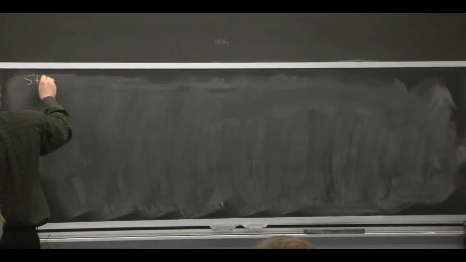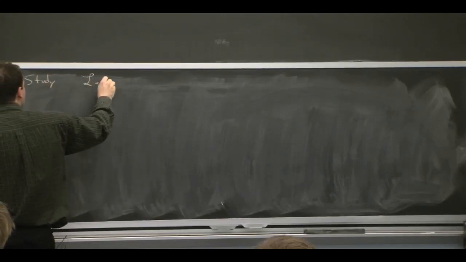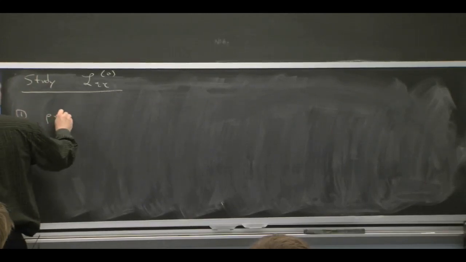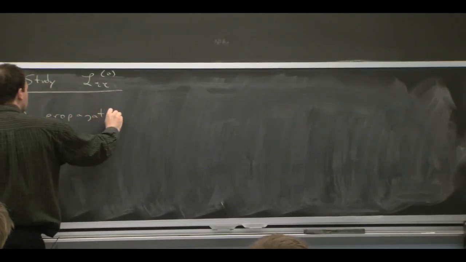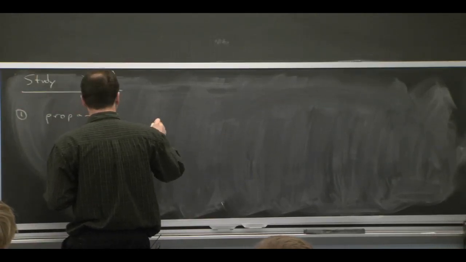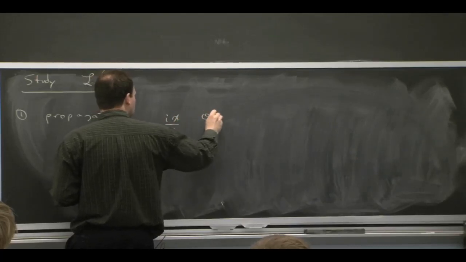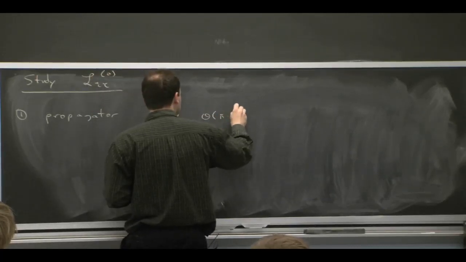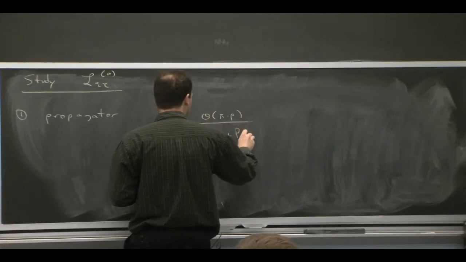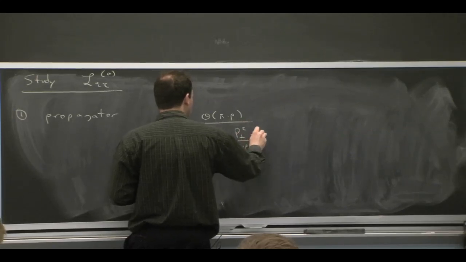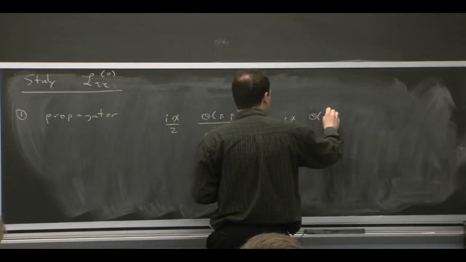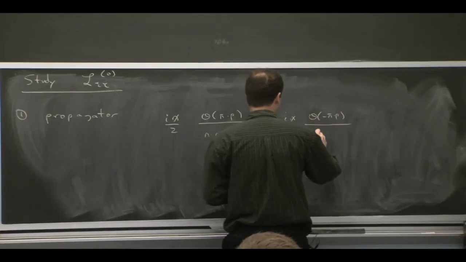So let's come back and study L_cc^(0). So the propagator, if we write out what the propagator is, if we're careful about signs of i epsilons, we had both particles and antiparticles.